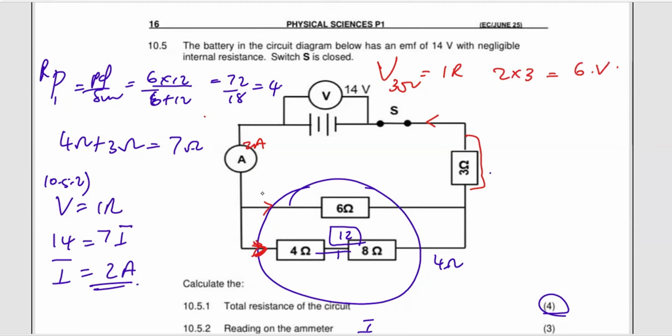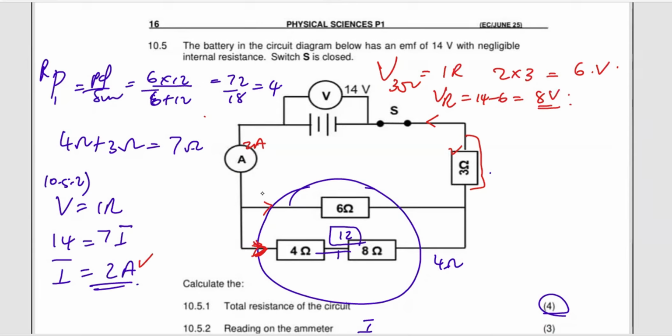Is that true? Because we say the current is that, and the resistance is 3, so it is 6 V. And then the remaining voltage is going to be 14 minus 6, which gives me 8 volts. So this parallel combination is going to have 8 volts within it.